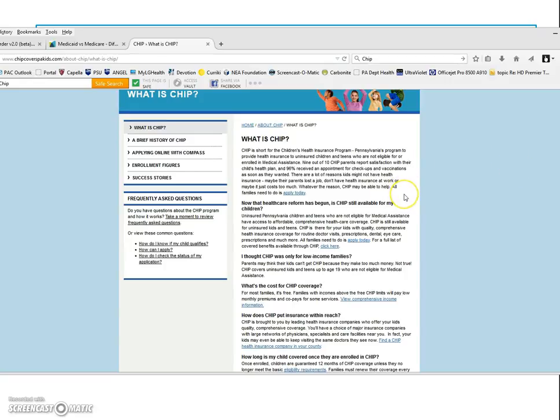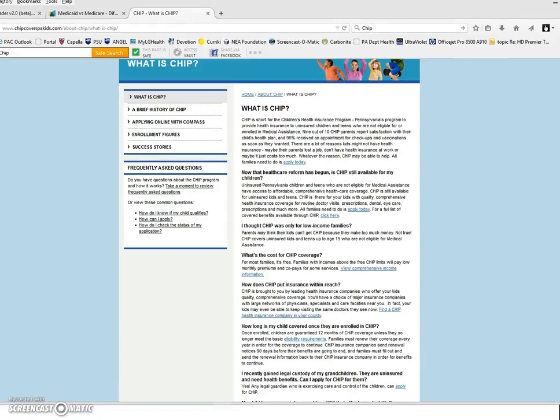One of the key things here is that it offers eligibility for individuals who don't qualify for Medicaid, but at a low cost can cover their children under insurance, because they can't afford a higher premium insurance, or maybe they do not have a higher premium insurance available to them. So once again, the CHIP program is another subsidized program for low-income families.